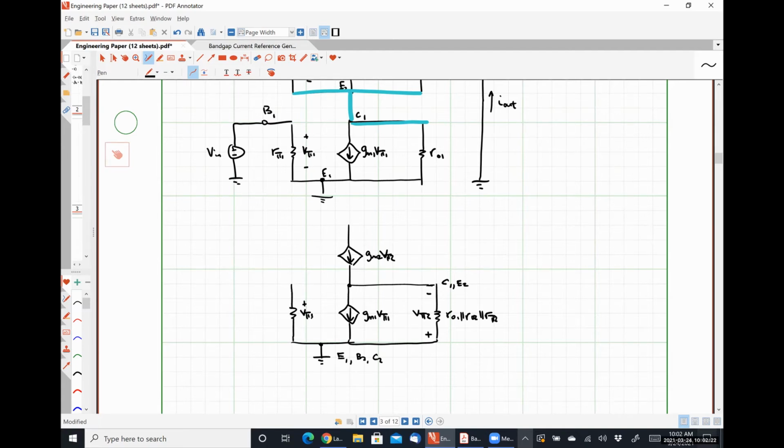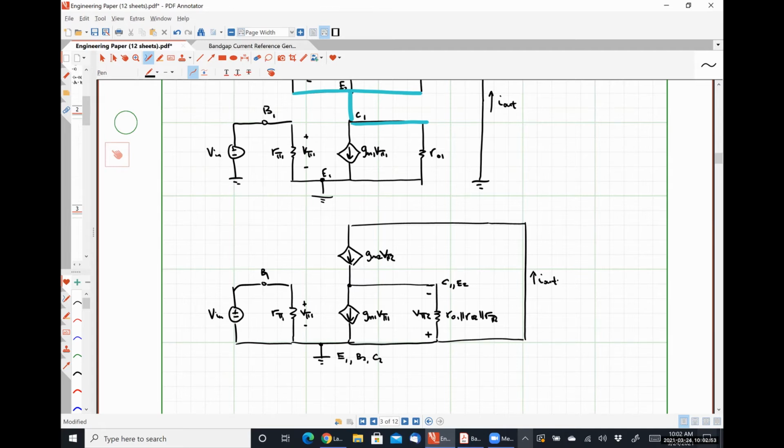Here is v pi 1, r pi 1, here's the base of transistor 1, here's my input signal, and then the last thing I need is my short circuit, like so.